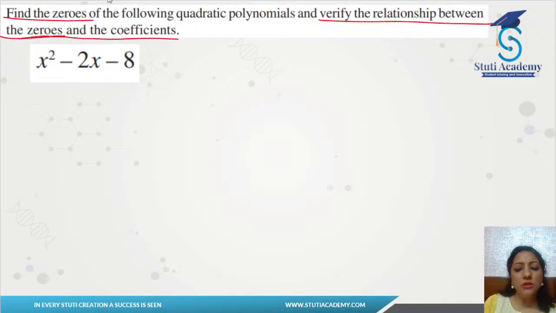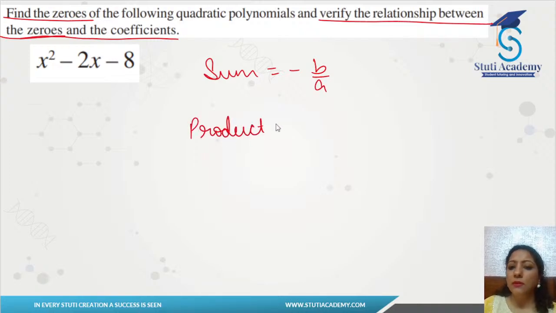Once you get the zeros, you need to check whether the sum of the zeros is coming out to be minus b by a and the product of the zeros is coming out to be c upon a. Children, all this we had discussed in the previous class. Now let us proceed further.